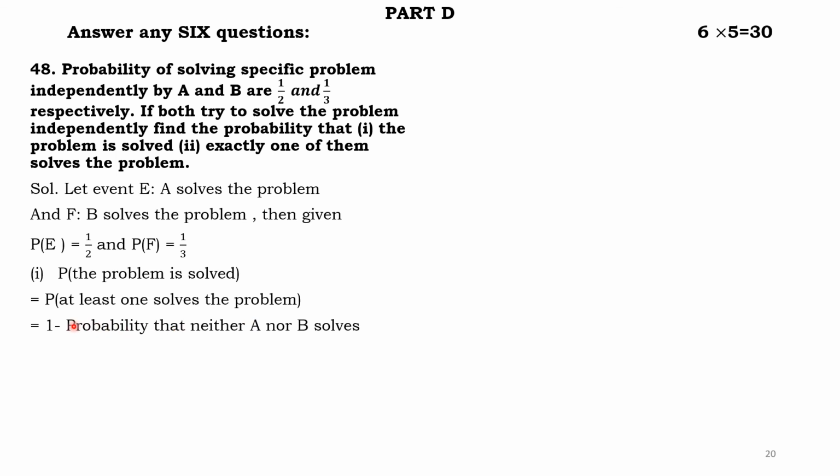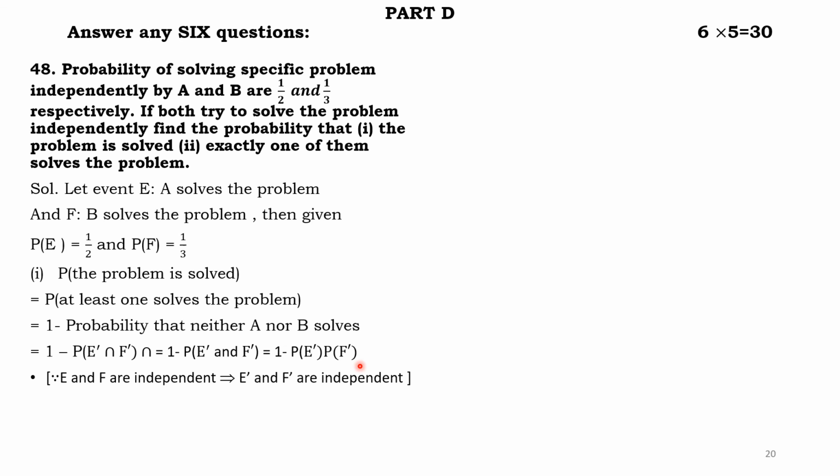Therefore, that is 1 minus the probability that neither A nor B solves. Therefore, 1 minus P of E dash intersection F dash, that is equal to 1 minus probability of E dash into probability of F dash, because E and F are independent, therefore E dash and F dash are also independent.